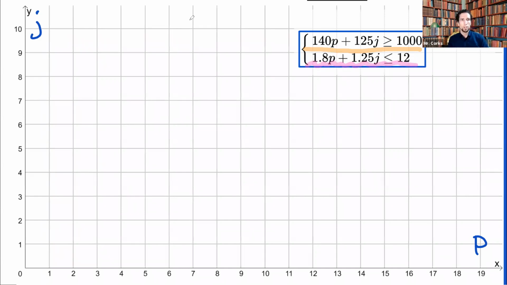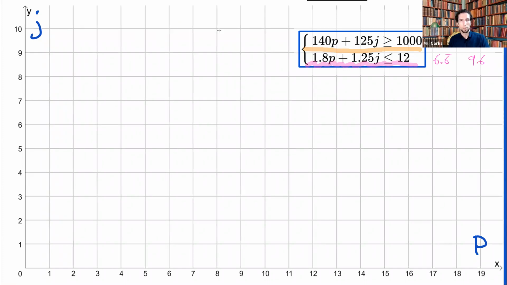What are the intercepts going to be in this case? 6.666 and many sixes. Okay, so 6.6 repeated. And 9.6 for the other one. Okay. All right. So again, if we wanted to do some long division to figure those out, that's what I did in advance here. I hope that's what you did too, instead of just jumping to a calculator.